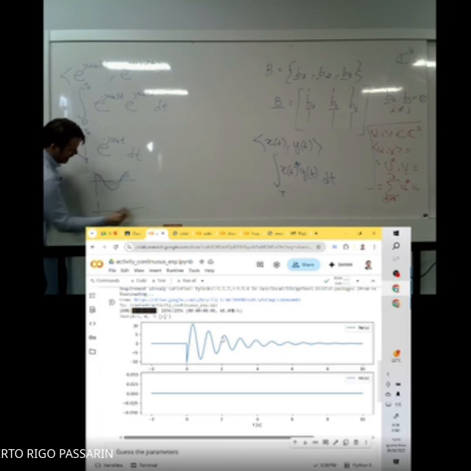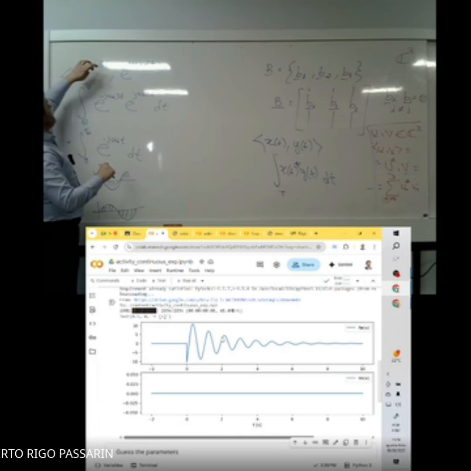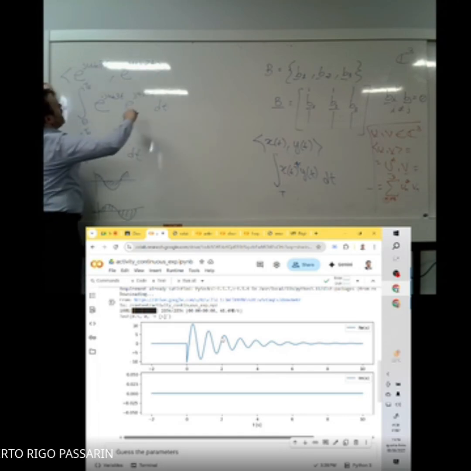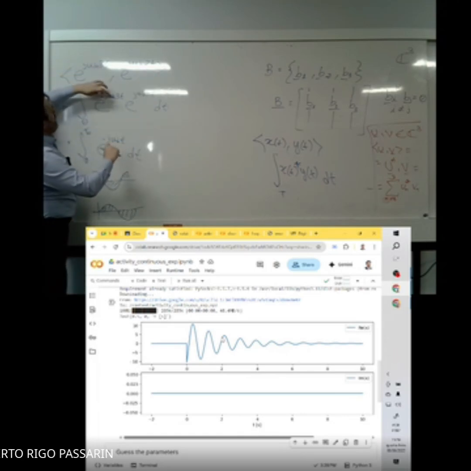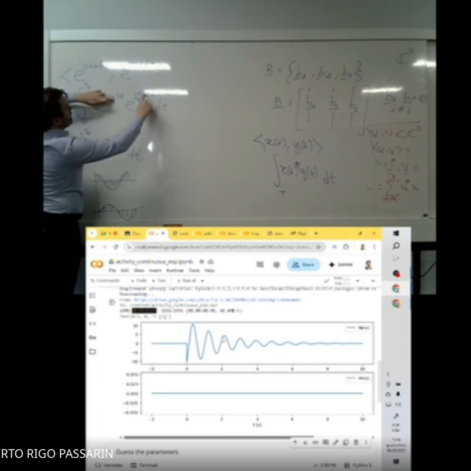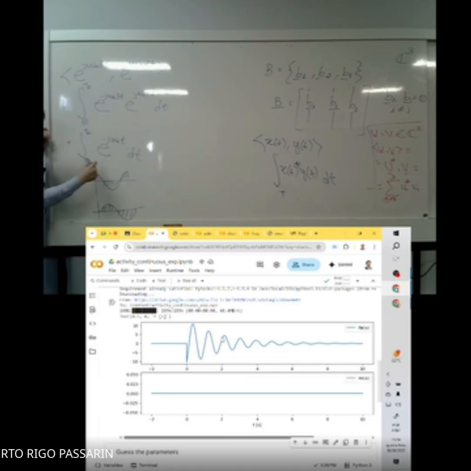The imaginary part is a sine. I integrate it, I get 0. If I had 10 and 2, then minus 10 plus 2 would be minus 8. I would be integrating over 8 periods, always an integer number of periods. So if I integrate over an integer number of periods, I always get 0.